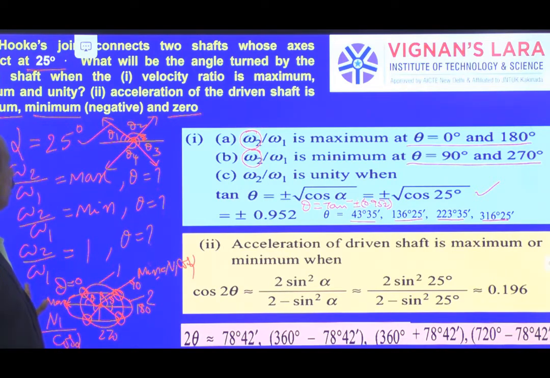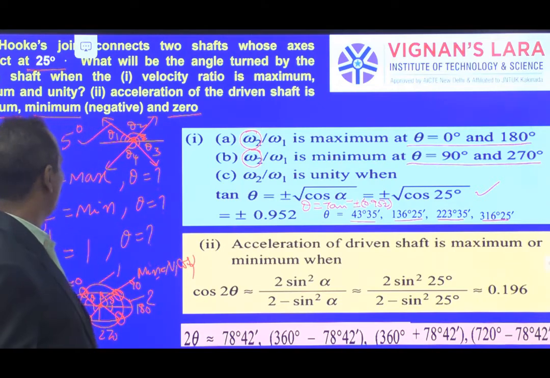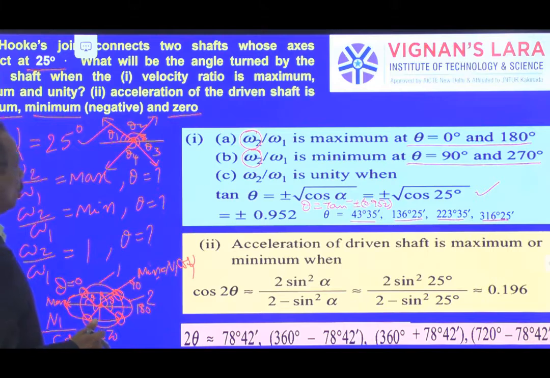Then what is the second part of the problem? The acceleration of the driven shaft is maximum, minimum, 0. So minimum is a negative value, maximum is a positive value, and then 0. Already we have discussed in the theory part when it will be 0.